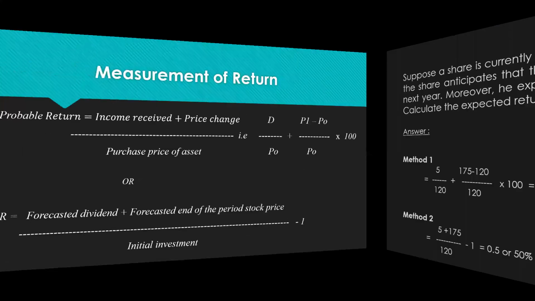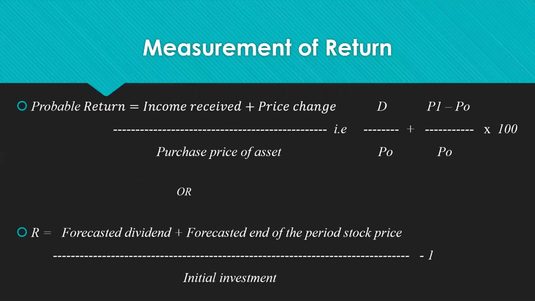According to the first formula, we should calculate the dividend divided by the initial price, that is the purchase price, plus the difference between the end price and the starting price, that is the selling price and the purchase price, divided by purchase price into 100.